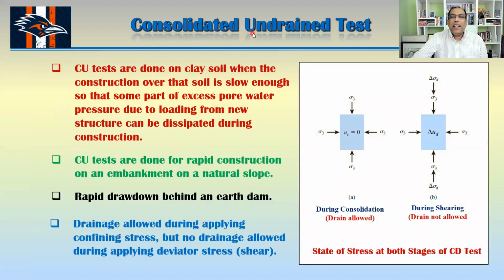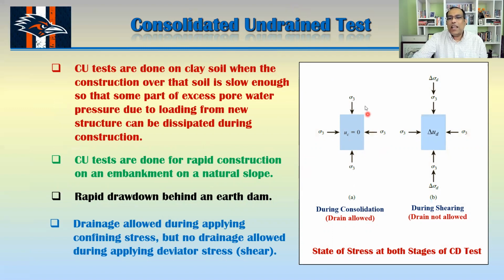Now, consolidated undrained test. So the first part, as you can see, is consolidated, meaning you are allowing the soil to be consolidated. So you are allowing the water to drain out from there, the first part. And the second stage, this is undrained. So no drainage, okay?